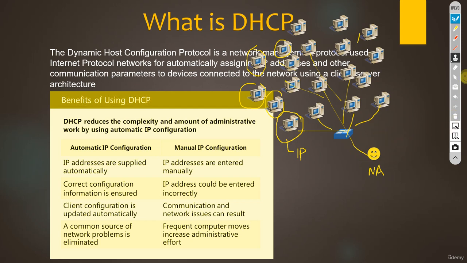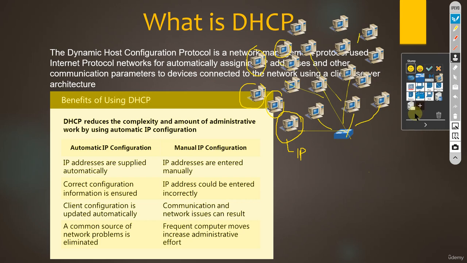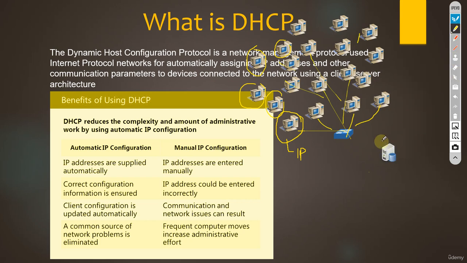So to mitigate this issue, what will you do? You will just purchase one DHCP server, and you will give the responsibility to this server, which will be the DHCP server, to assign IP addresses automatically in a single go to all these devices that exist in your infrastructure.